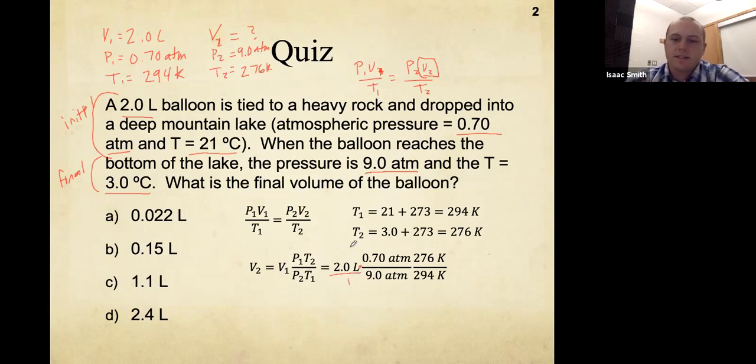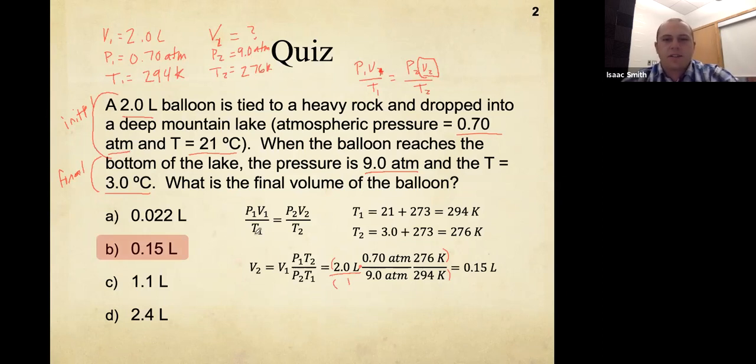Anything over 1 is itself. Multiply all the numerators together, multiply all the denominators together, and then do it in your calculator. Or if you have a graphing calculator, it might be easier to do it all at once. But anyway, find out what works best for you in your calculator and solve for the answer there.